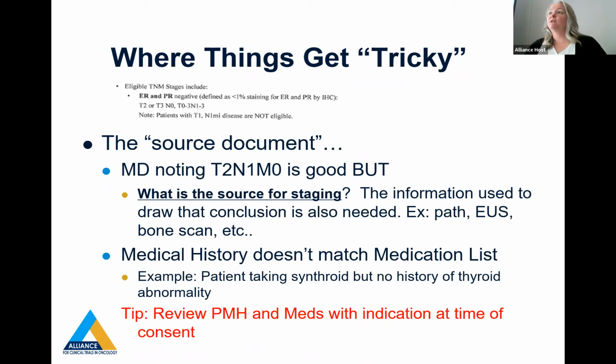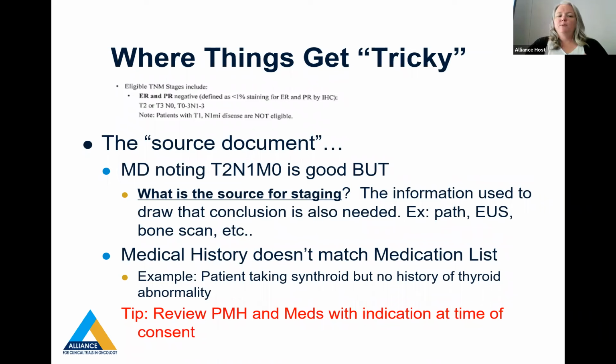That really shouldn't be your final source, because we know a lot of times things are dictated in error, copied and pasted, or maybe they dictated and an amendment came later and that MD note wasn't updated. So looking at that TNM and staging really should come from the staging from your path report, ultrasounds, bone scans, whatever you're using to determine the stage.